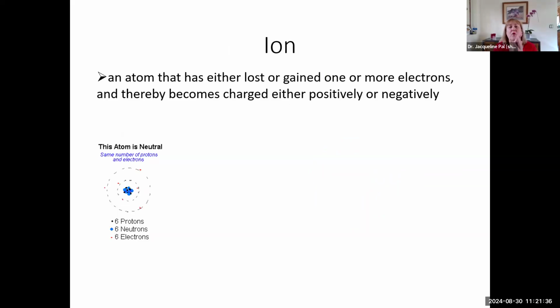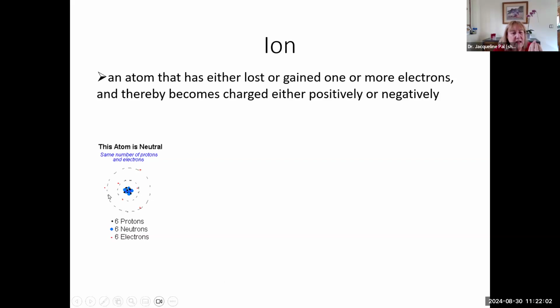Okay, so that brings us to the word ions. An ion is an atom that has either lost or gained 1 or more electrons. Remember that the nucleus has protons. The protons are positively charged, the electrons are negatively charged.